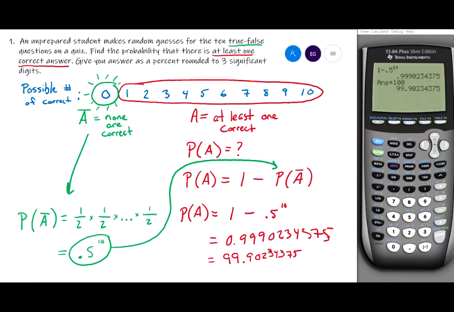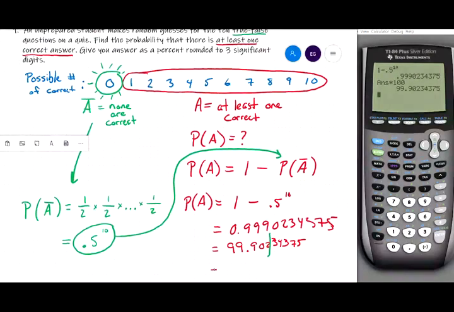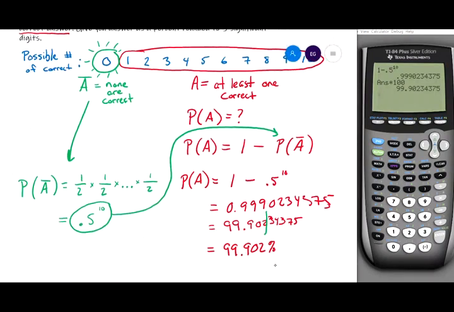And to 3 significant digits, or in this case 3 decimal places, we'll cut it off right there. So it looks like our final answer is 99.902%.